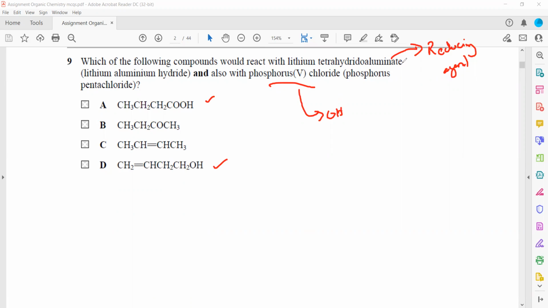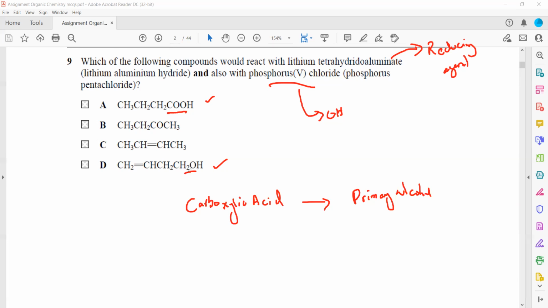Then when we check the reducing agent, as we know, a primary alcohol is oxidized to an aldehyde, and an aldehyde is oxidized to a carboxylic acid. So if you have a carboxylic acid, using lithium tetrahydridoaluminate it will be reduced to a primary alcohol. As you can see here, this carboxylic acid can be reduced.